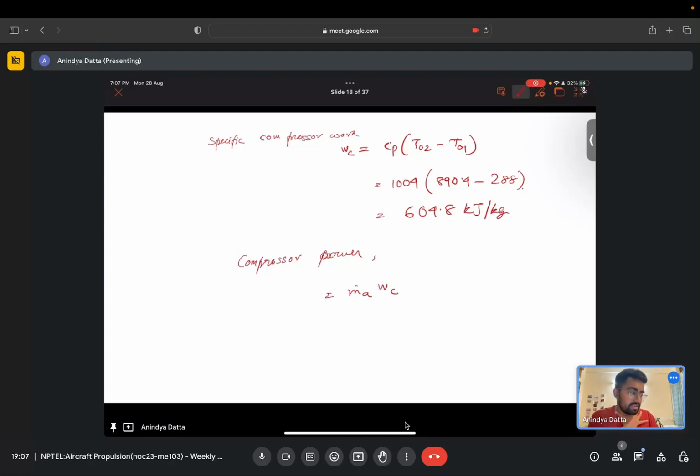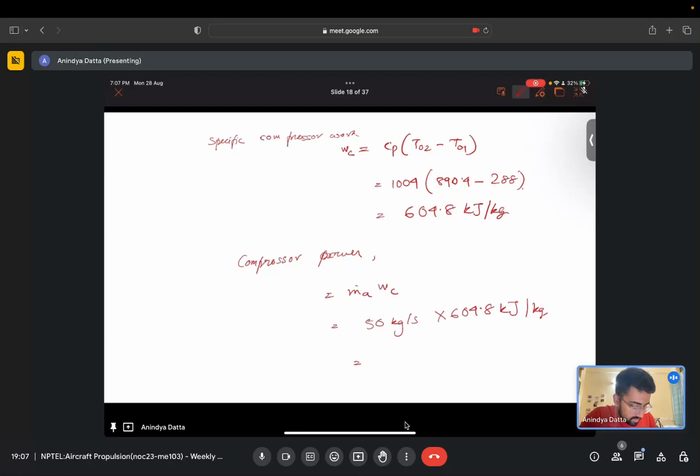Mass flow rate is in kg per second, so the output will be in joule per second, which is watt, right? So m dot a, the mass flow rate of air, is given as 50 kg per second, into 604.8 kilojoule per kg.